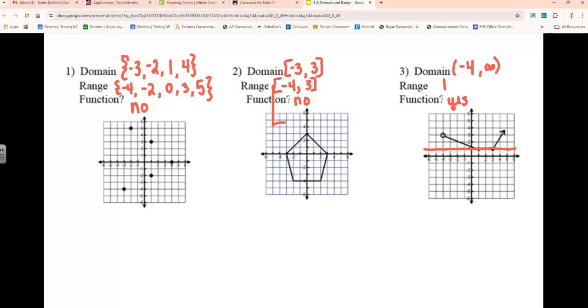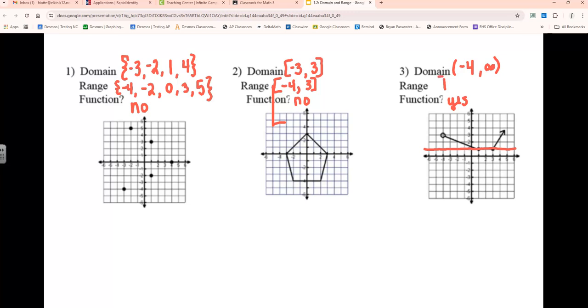Do I need to use a parentheses or a bracket with that one? Brackets are for closed circles or solid lines. I know I've drawn over top of it, and I don't think it lets me erase it. But we got closed circles right there and a solid line in between, so you're going to use a bracket on this one.